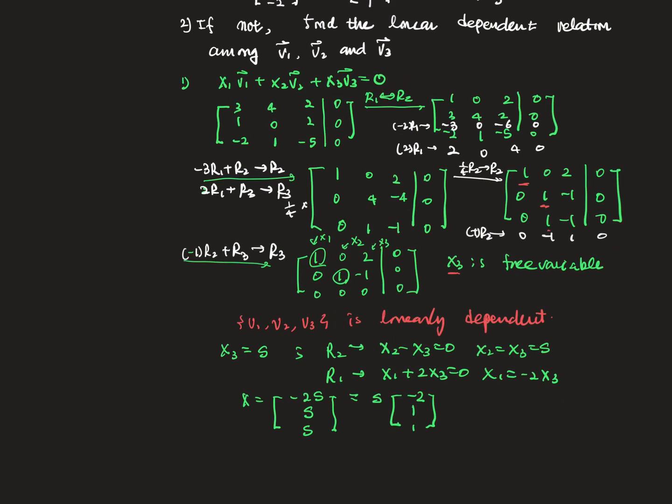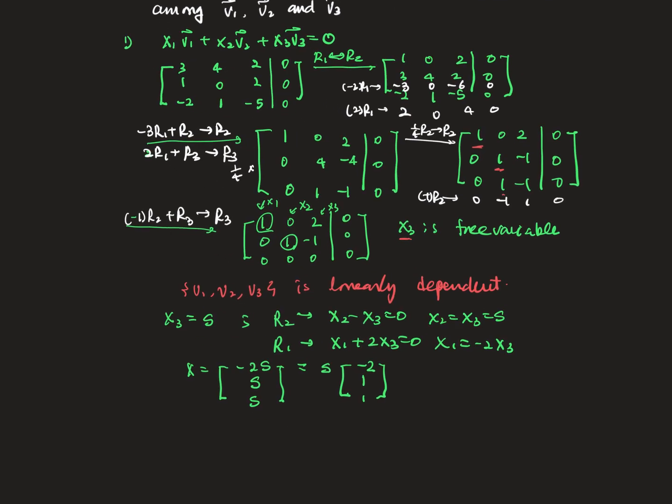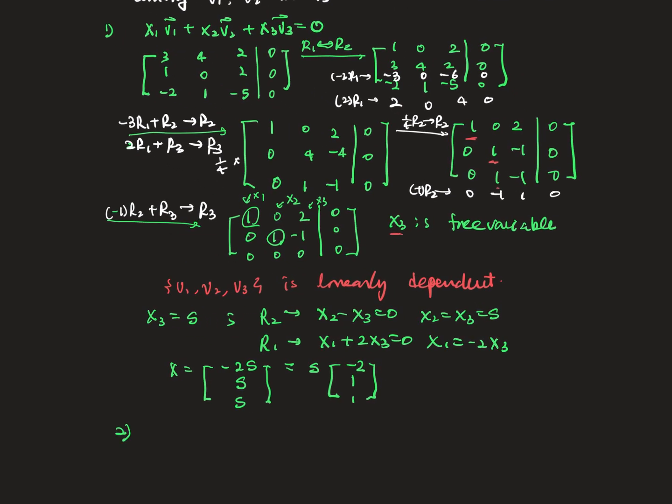So go back. This one is a linear combination, linearly dependent. Let's go to the second equation. You see, x1 v1 vector plus x2 v2 vector plus x3 v3 vector is 0. Let's plug back in. x1 is negative 2x3, that's negative 2s, right? So negative 2s v1 plus s v2 plus s v3 equals 0, right?